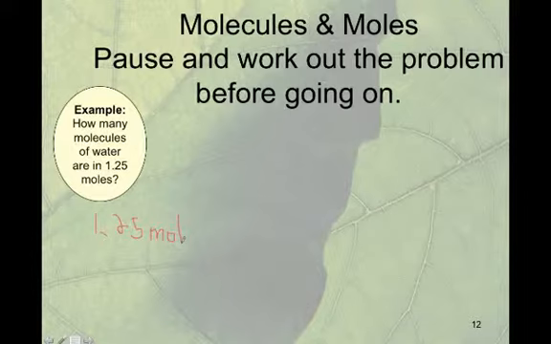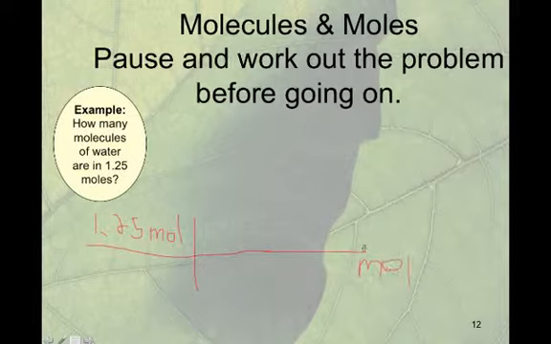We do this just the way that we did the other one. Draw out our factor bar one place. Start with what we're given, of course. We're going to put moles down here, and we are going to put molecules up here. Make sure you're really careful about the abbreviations you use for moles and molecules.